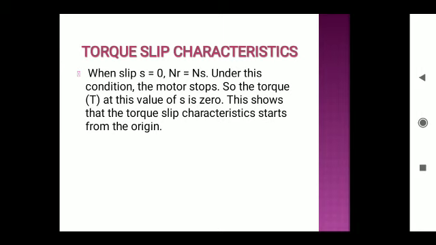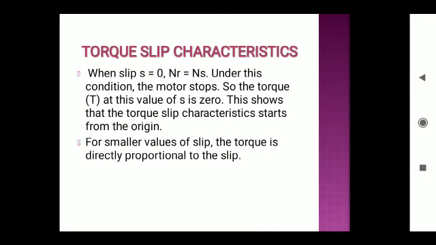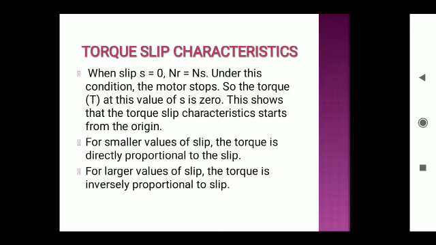This shows that the torque slip characteristic starts from the origin. Now for a smaller value of slip, the torque is directly proportional to the slip, and for a larger value of slip, or at the high slip region, the torque is inversely proportional to the slip.